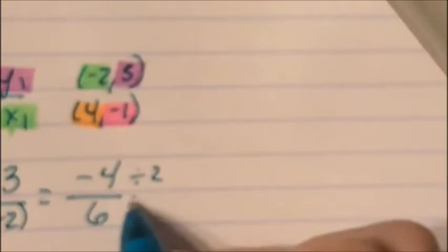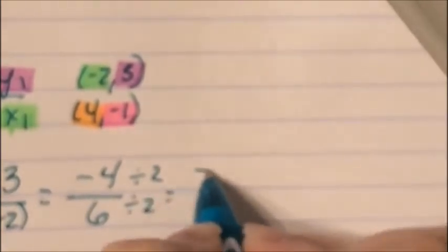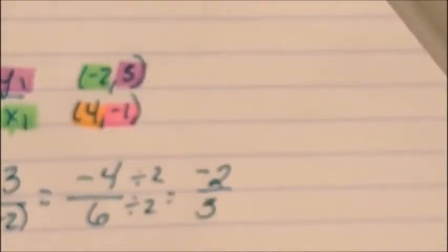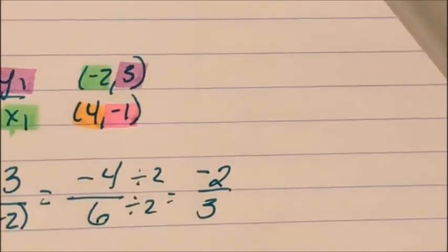So -4 over 6, which can be simplified. I divide both of these by 2. So I get -2/3. Okay, so -2/3. So that's determining the slope given 2 points.